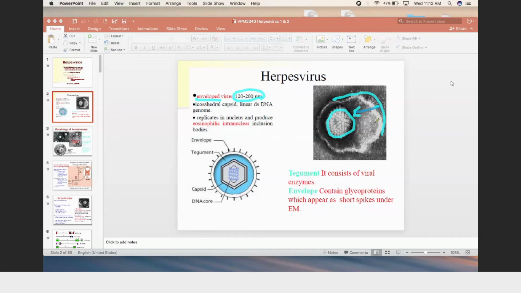The genome is a linear double-stranded DNA. Icosahedral is very easy; that is actually a trademark of herpes virus, the icosahedral capsid.